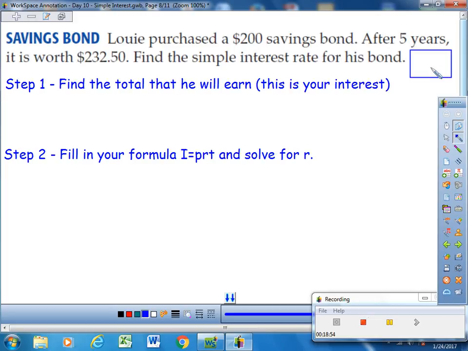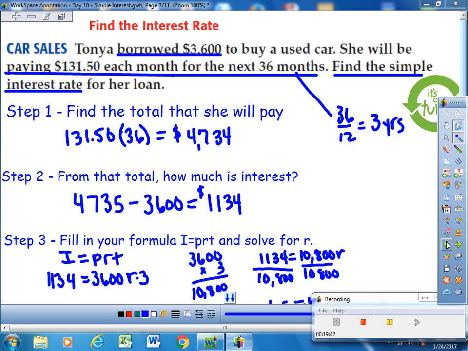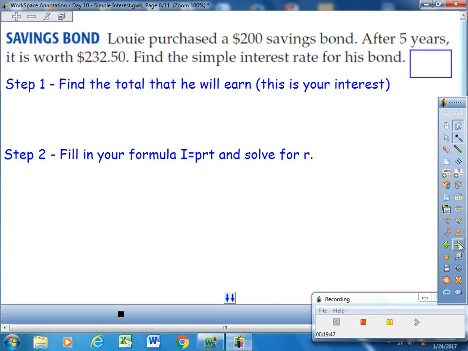Unlike the last one where you had to calculate the payments per the number of months, on this one, step 1, you're just going to find out the total that they earned. The earned is what you purchased it for and what it's worth after 5 years, so you're going to subtract those two. That is your interest. You don't have to do the multiplication like on the last one.